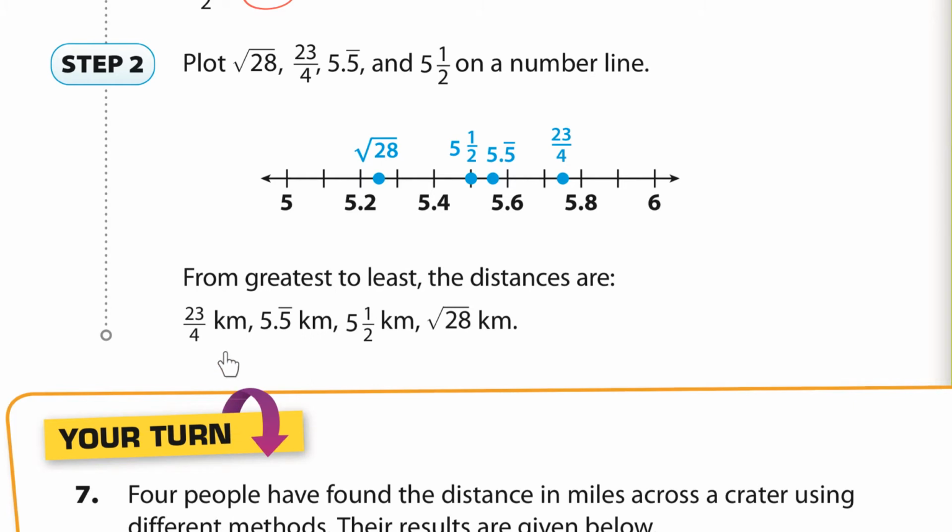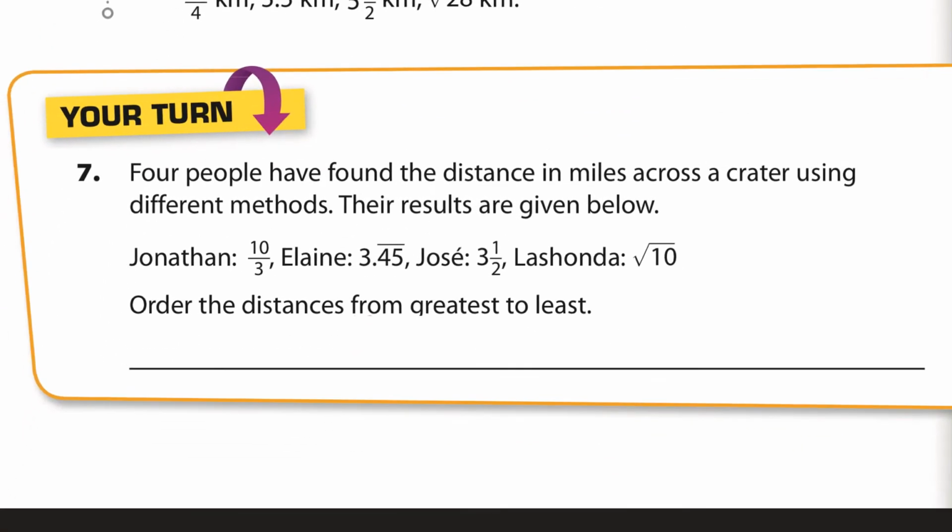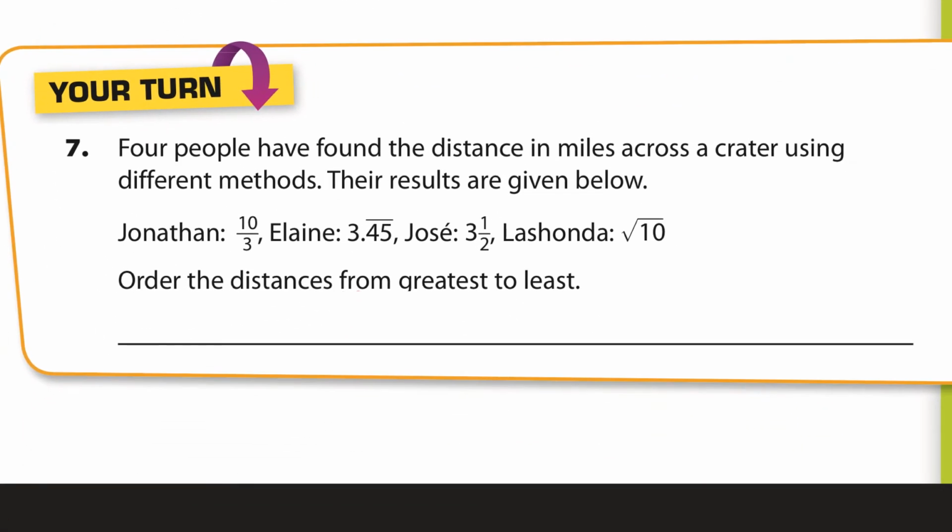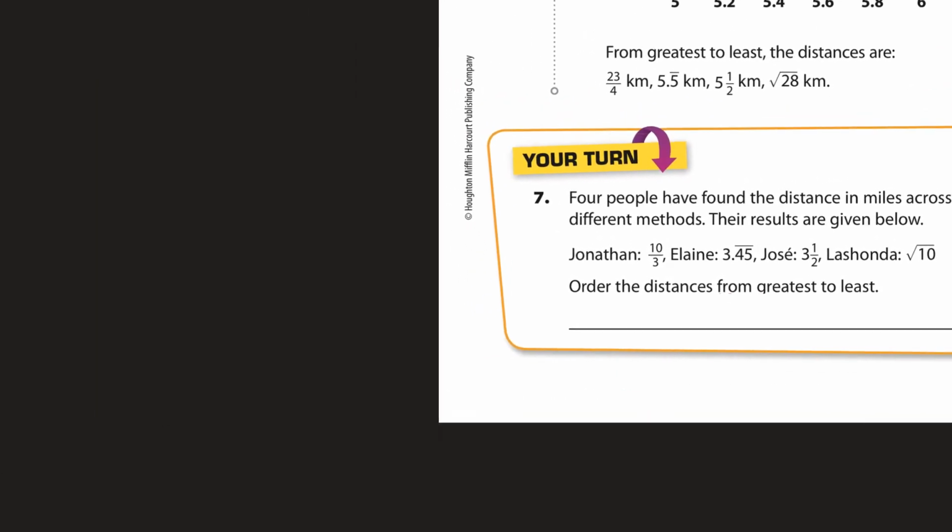All right, order these distances that you see here from least to greatest. Pause the video and see if you can find out what the differences are. So, let's see.